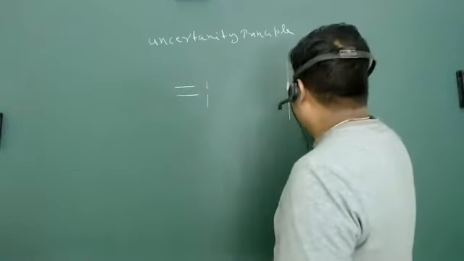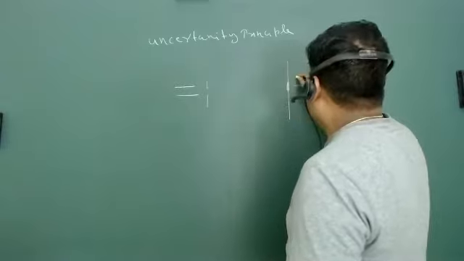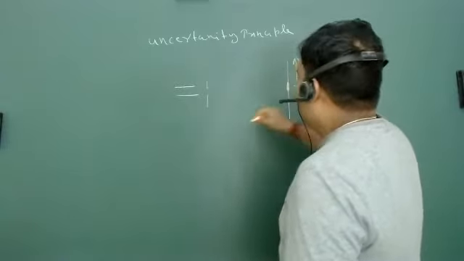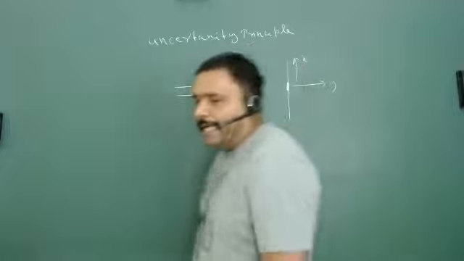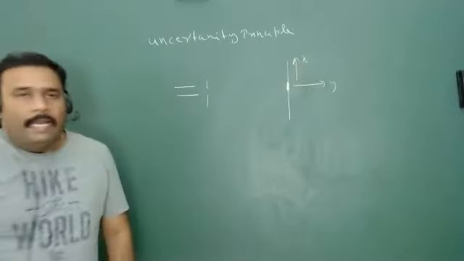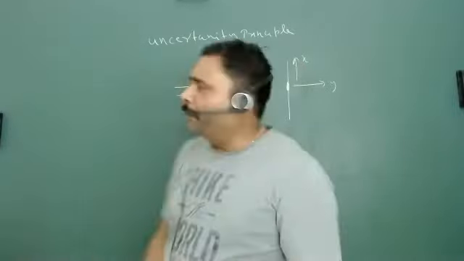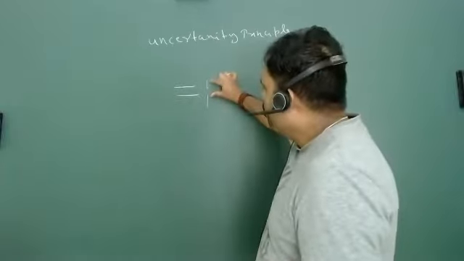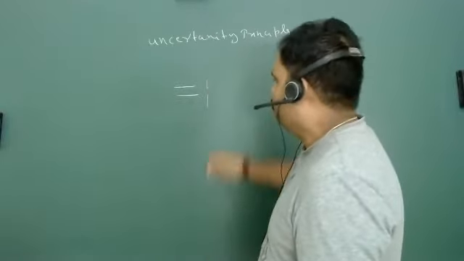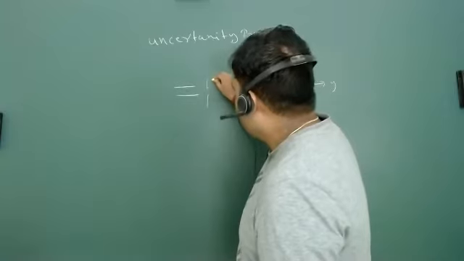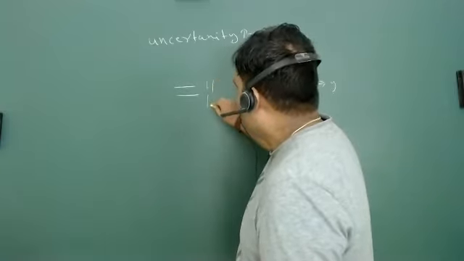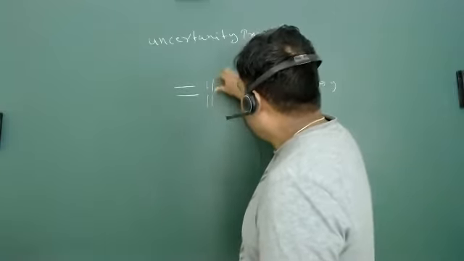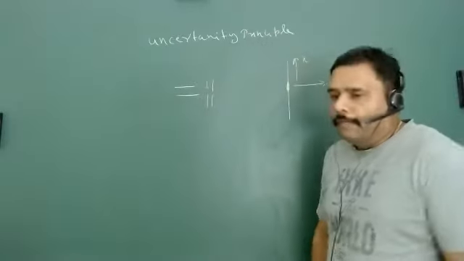and this is your y direction. Let's say this is your y direction and this is your x direction. So the slit width is in the x direction. And now what is going to happen? We are going to reduce this slit. As we reduce it, what will we get?